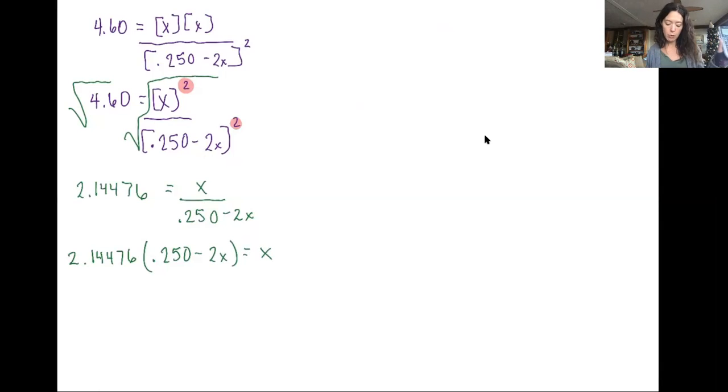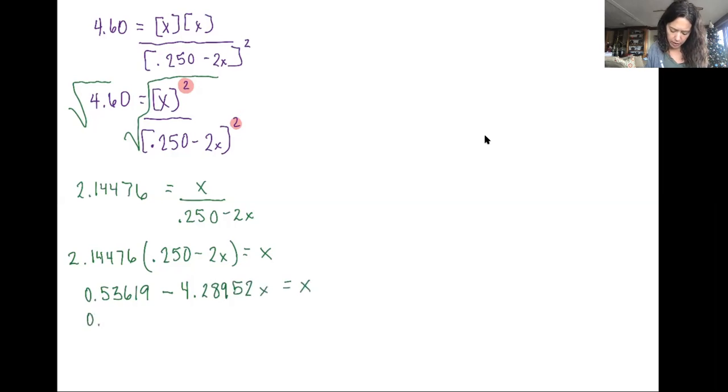So I've got my 2.14476, all of it's still in here, times 0.25. So that's going to give me 0.53619, and I'm going to stop there because there's a 0 after that, minus 2.14476 times 2 equals, so that's minus 4.289. I'm going to keep it all, equals x.